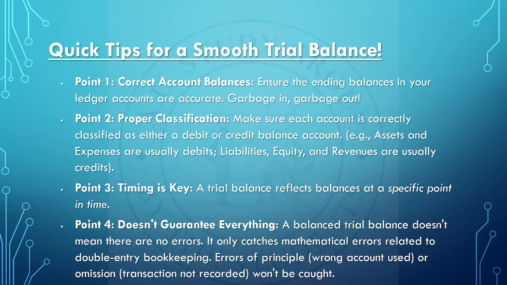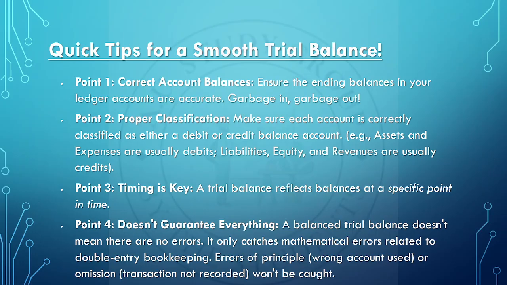And finally, remember, a balanced trial balance doesn't guarantee that everything is 100% correct. There is no guarantee that if your trial balance is tallied, everything is correct. It only confirms that every debit has an equal credit. That is the only thing it confirms. There could still be errors.